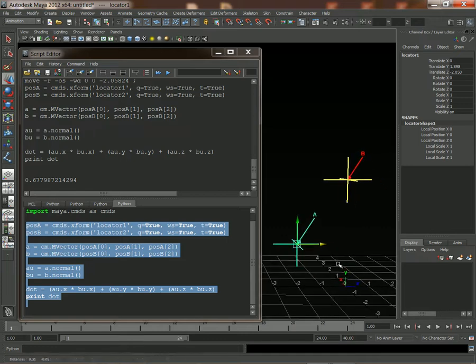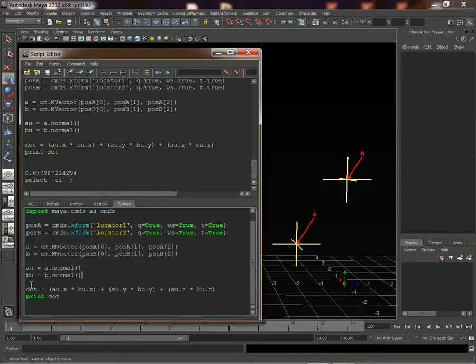And if we want to make this math even easier, rather than getting the dot product this way, there's a built-in way. We could say dot equals A.normal() times B.normal().